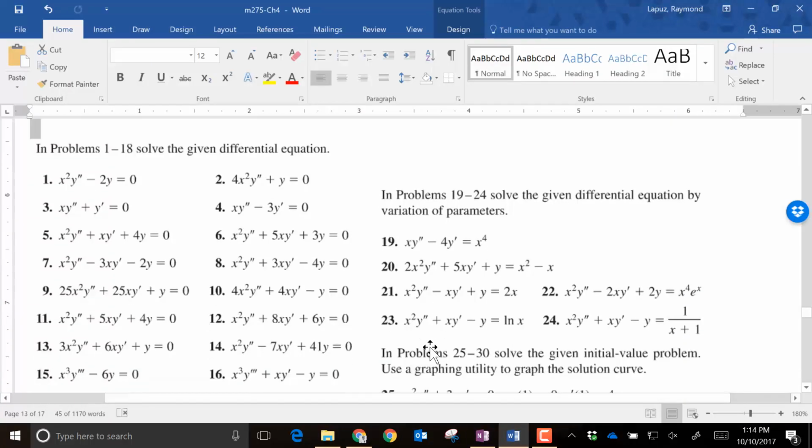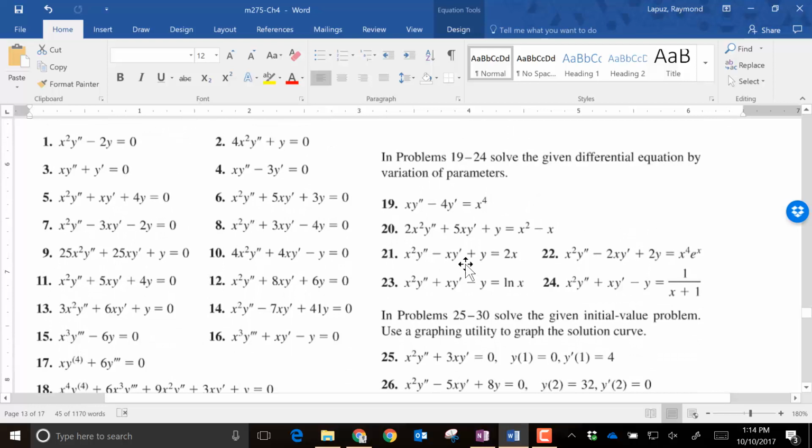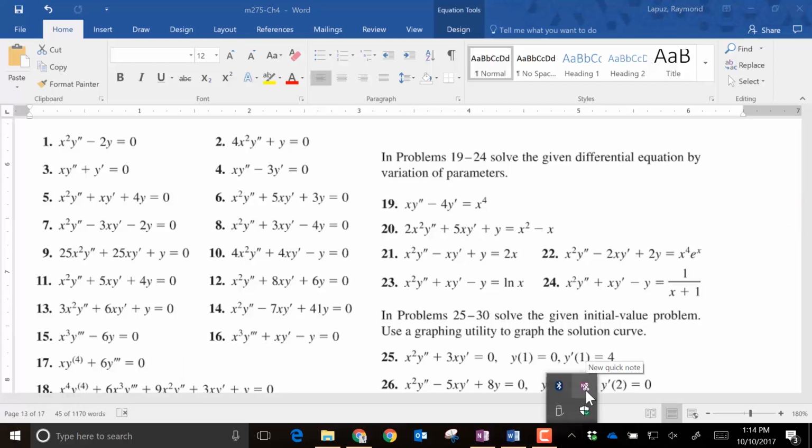Is there one we can pick? Now they all seem to have a second power here. Oh, there's one with a third power over here, a couple of them. You can figure that one out.